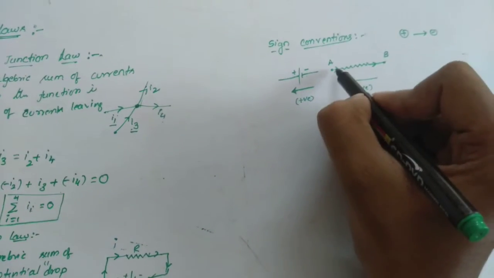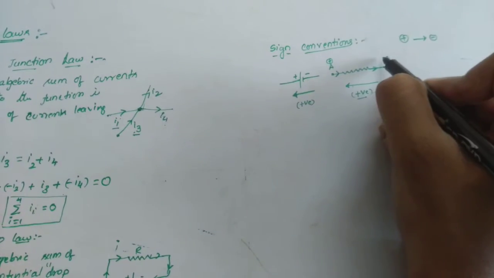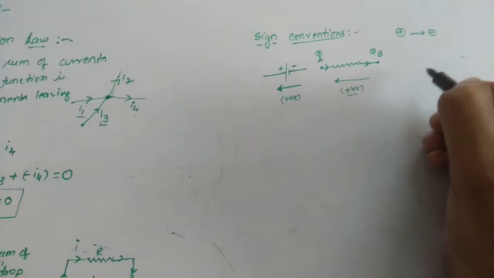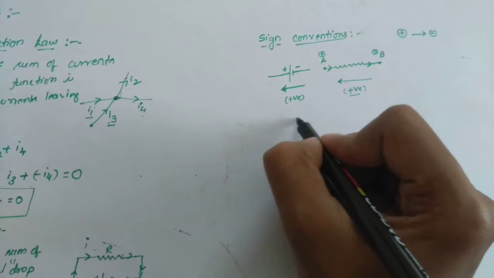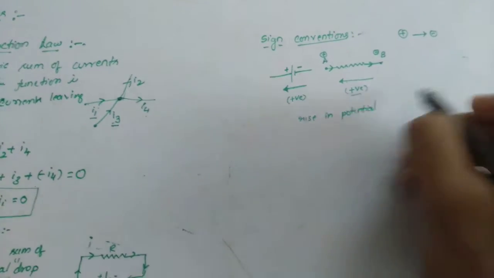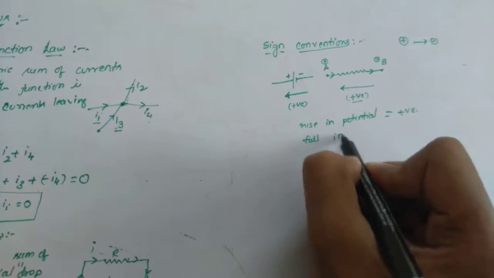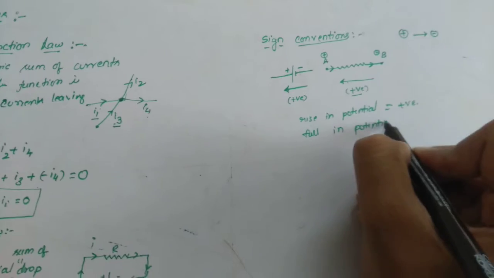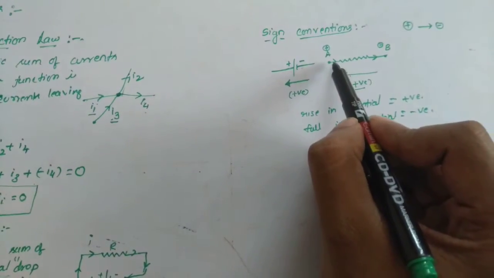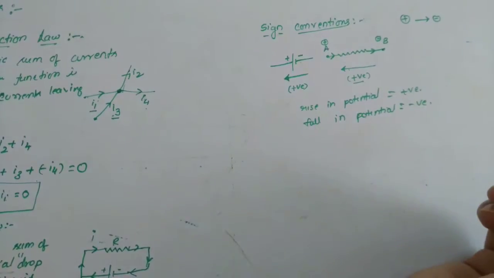In this case, current flows from A to B, then A must be high potential, B must be low potential. Here one important point you have to remember: rise in potential is taken as positive, fall in potential is taken as negative.